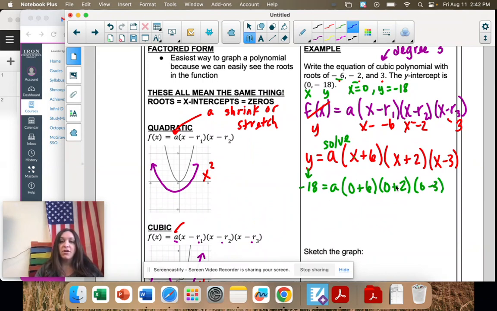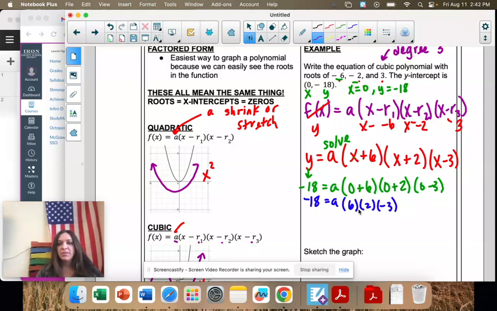And now we solve for a. So the zeros make it easier. That's why we usually use the y-intercept. 0 plus 6 is 6, 2, and -3. Okay, remember parentheses mean multiply here.